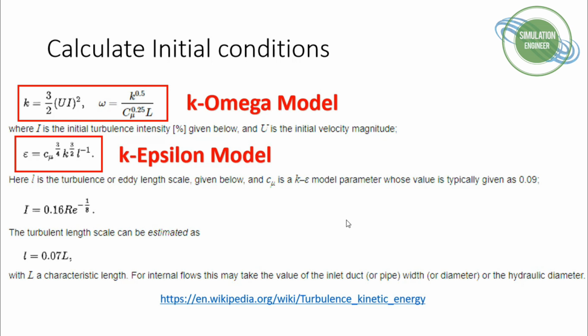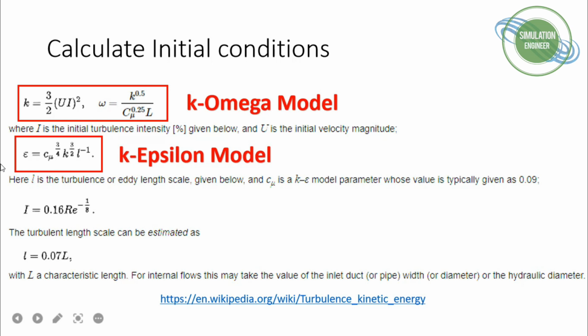This will lead to better convergence, and will help solve the problems physically well, and you will get accurate solutions. In order to get these initial conditions, there are equations available. For example, in our case, we are using the K omega model, so here is how to calculate the turbulent kinetic energy and the turbulent specific dissipation rate, which is this omega here.